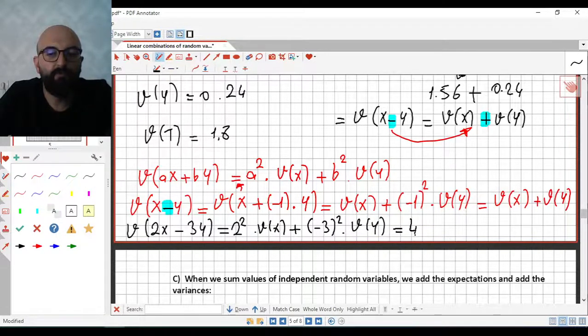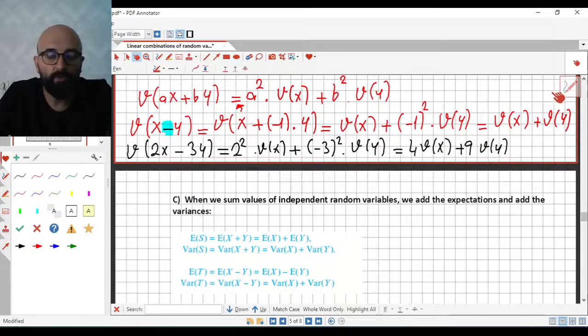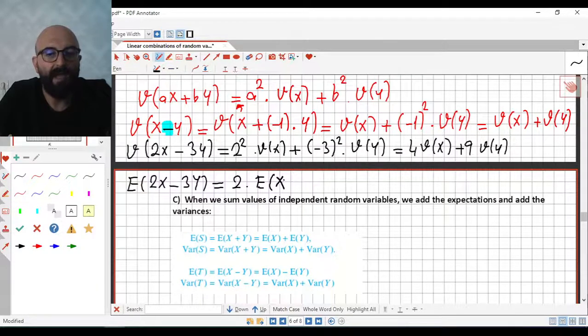It means 4 the variance of x plus 9 the variance of y. Okay. But if you want to work out the expectation, it doesn't change. For example, the expected value of 2x minus 3y means 2 multiply the expected value of x minus 3 multiply the expected value of y.